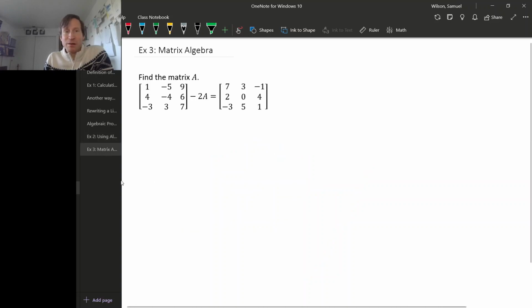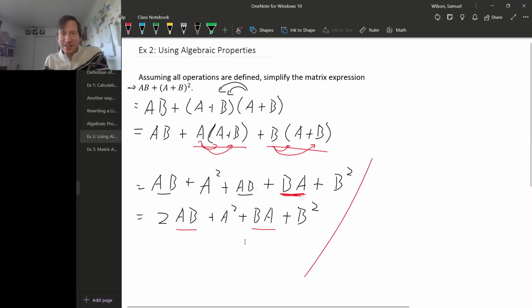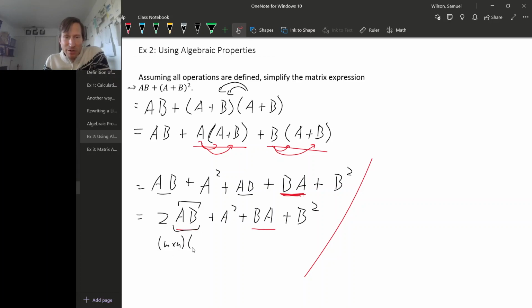Let's look at one more example of doing some algebra. I said that we would look at the sizes. Well, A is m by n, and so for this matrix product to be defined, B had better be n by something.